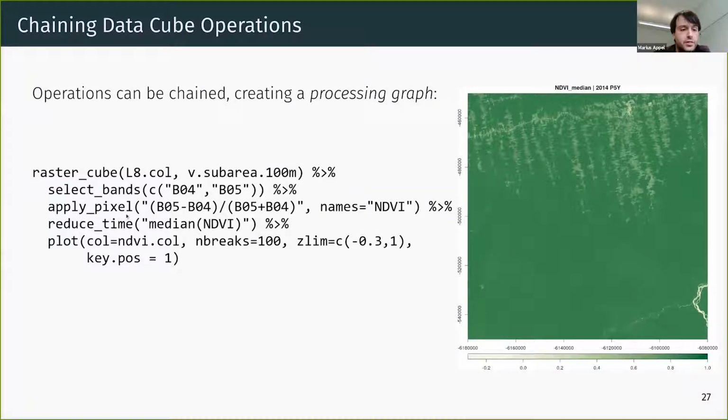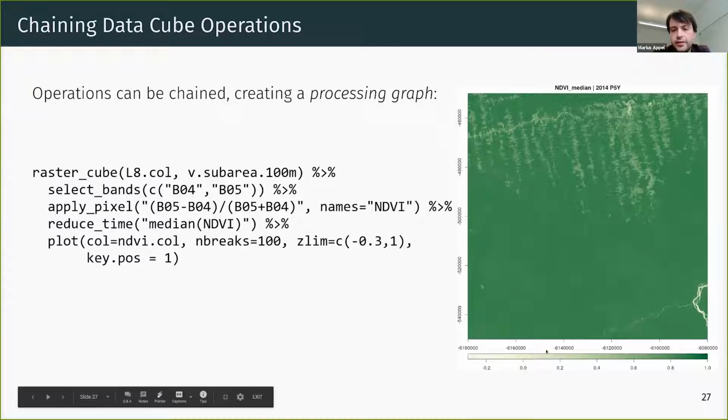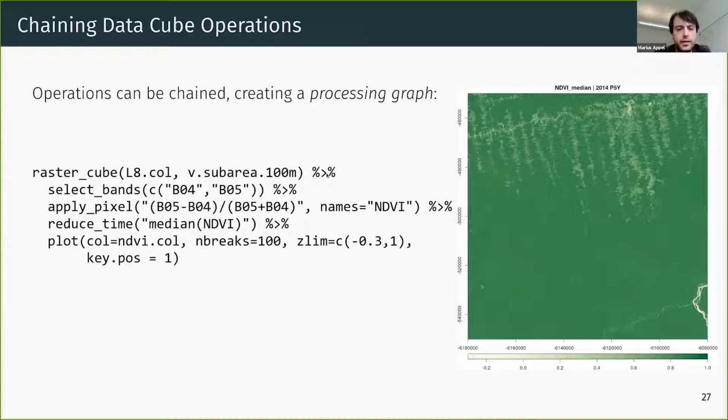And then I plot the results using a color scheme and a specific number of classes for the visualization, and with a legend, and I get something like this as a plot. I think this is pretty nice because it allows you to formulate chains of operations in a very simple manner using this pipe function here, which is kind of a modern version from R.